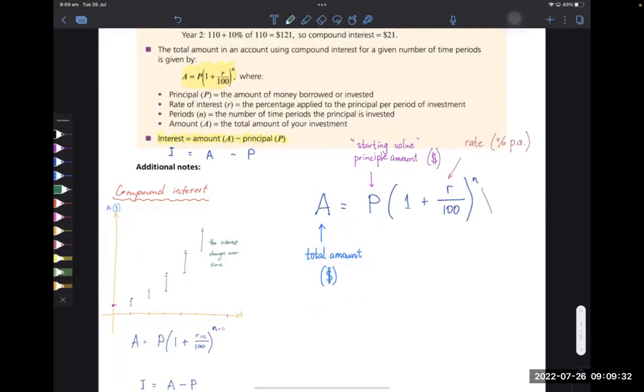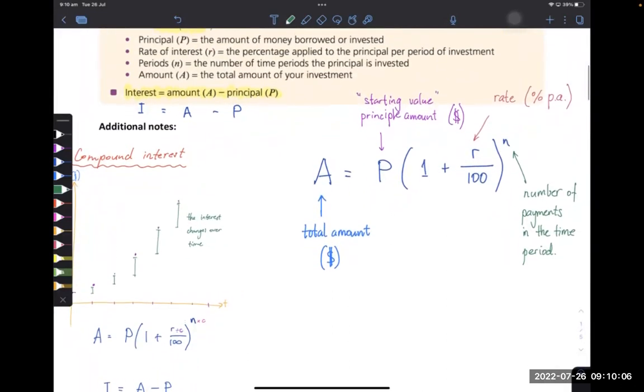Last but not least, we've got this N here. Now this N here means the number of payments. So number of payments in total, okay? I'll just say in the time period. I'm just going to write an example there.